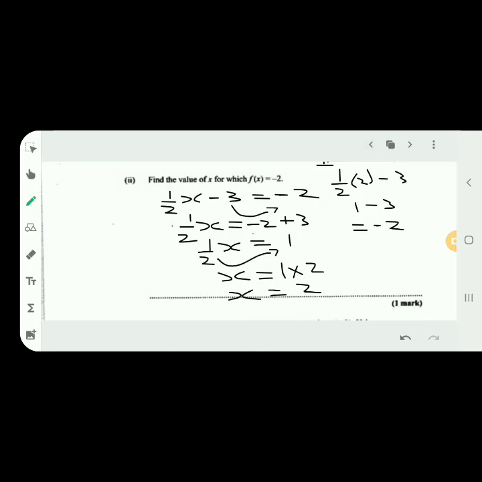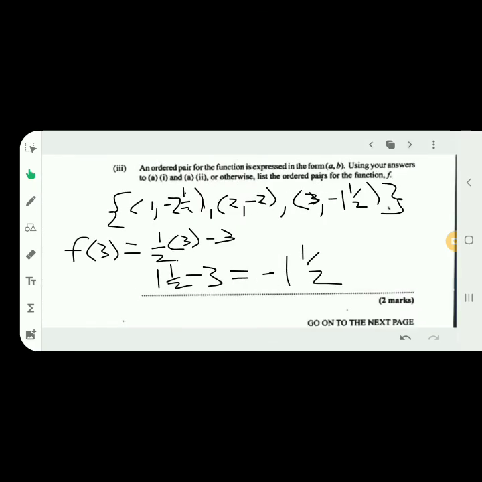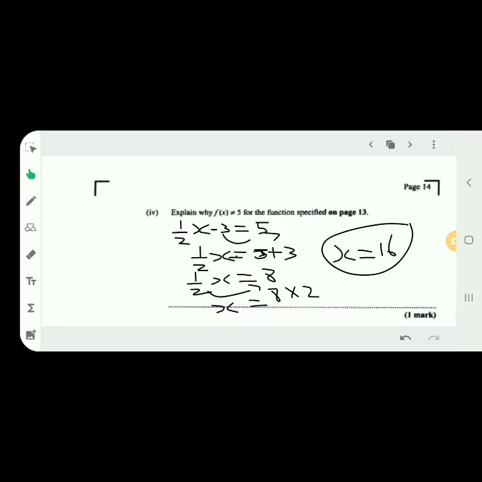If we go back to what we had from before, it says that the domain, which is the x values for the function, are 1, 2, and 3. And therefore, that's the reason why f of x is not equal to 5 for this function, because in order for us to get 5, we would have had to have 16 in our domain.